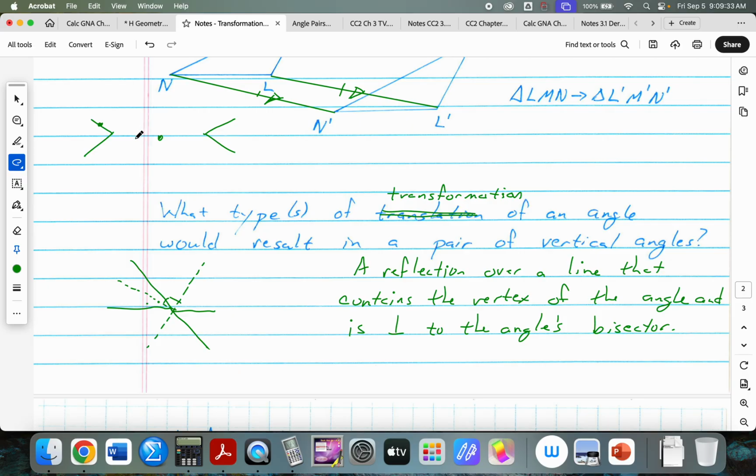You've got the right idea. It needs to be rotated 180 degrees, but hang on. We need to rotate it around a specific point. What point do we need to rotate it around? Got to rotate it around the vertex. 180-degree rotation around the vertex.